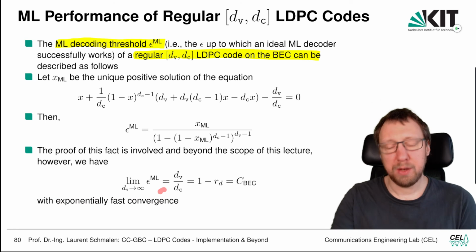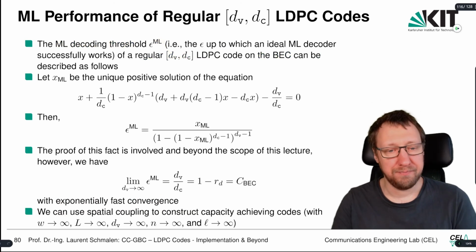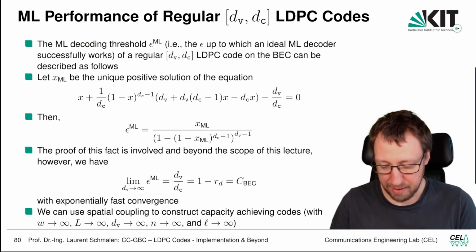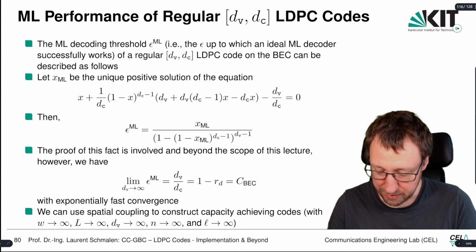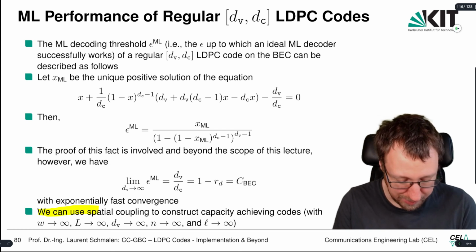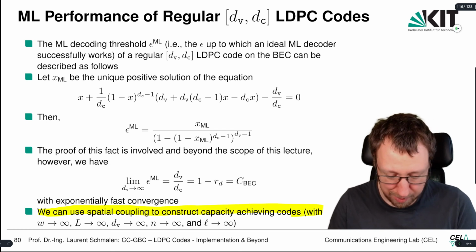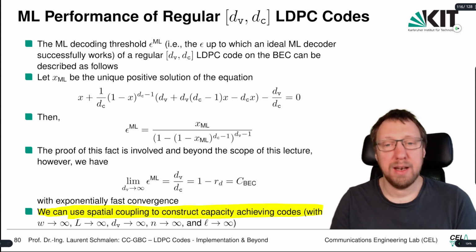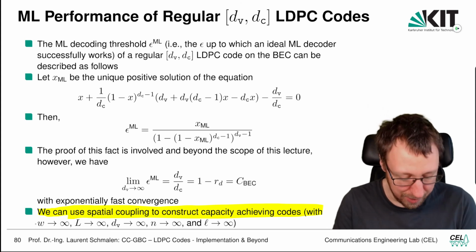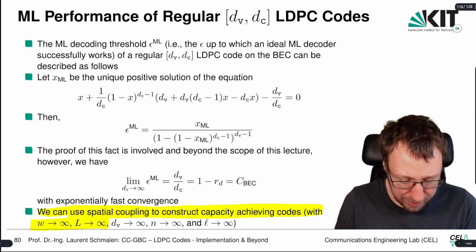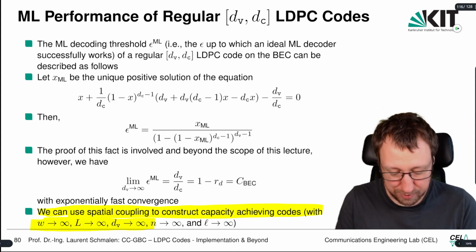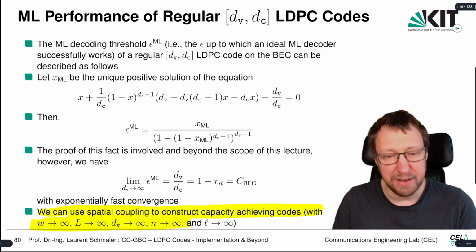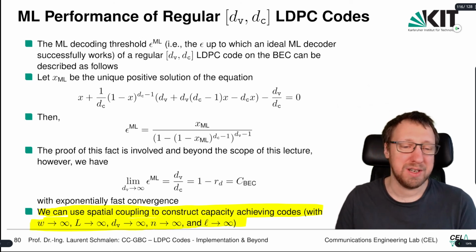We cannot prove this, but what we can do is plot it. We'll plot it on the next slide, but we can summarize. We can use spatially coupled codes that are capacity achieving if W goes to infinity, L goes to infinity, dv goes to infinity, n goes to infinity, and the number of iterations goes to infinity.